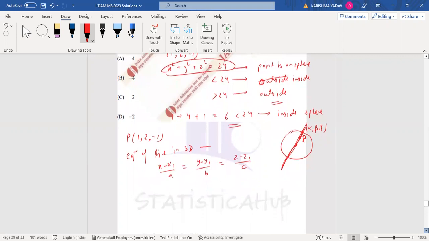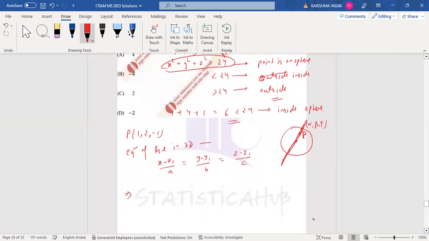Now we'll use this equation of a line in 3D and apply it to this line, where P is the point (1, 2, minus 1) and the center is (0, 0, 0). If the center were not (0, 0, 0), then the equation of the sphere would not be like this; it would be something like (x minus something) plus (y minus something).